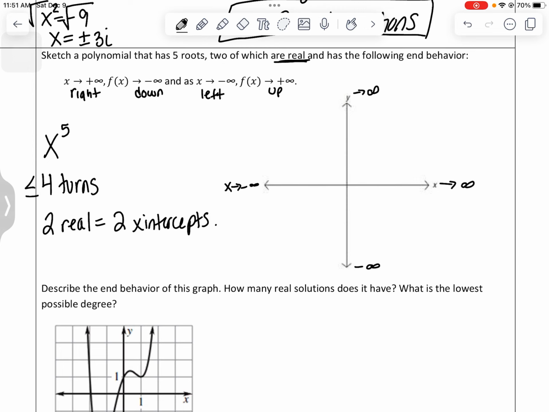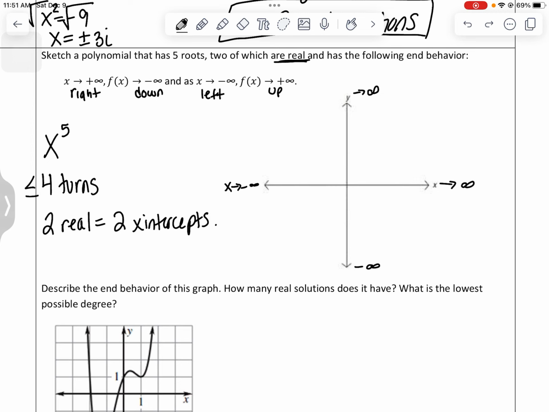So let's see, just trying to think how I could draw this so that it only has 2 x-intercepts. So I think I want to do... nope, that's not gonna work.